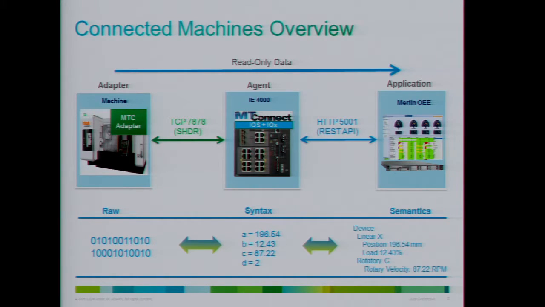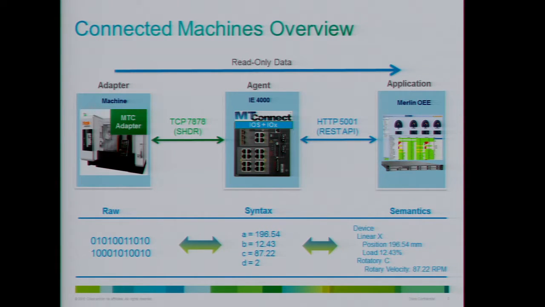But you need to put something in the machine which can translate for somebody else, and that somebody else can talk to a user, as an example us, and give a good amount of information about what your machine is trying to say. So if it's raw data, your MTConnect adapter is going to change that data into something meaningful.